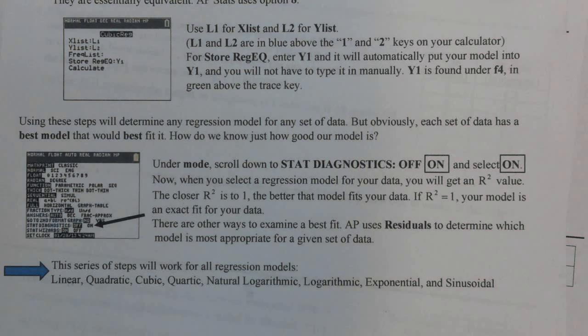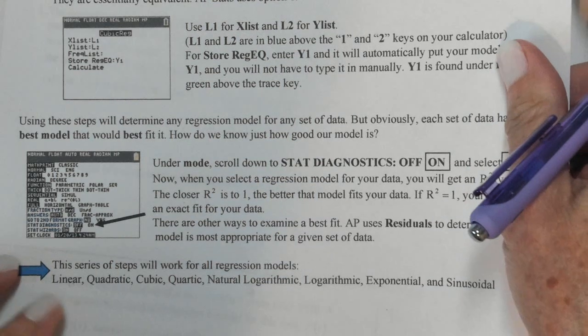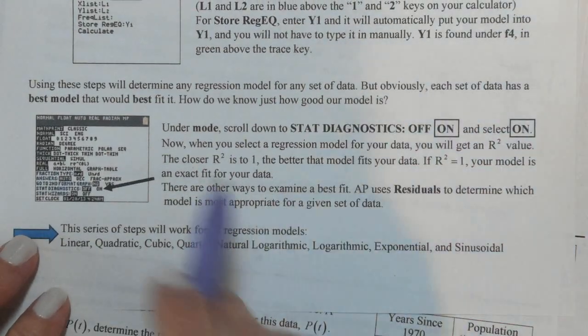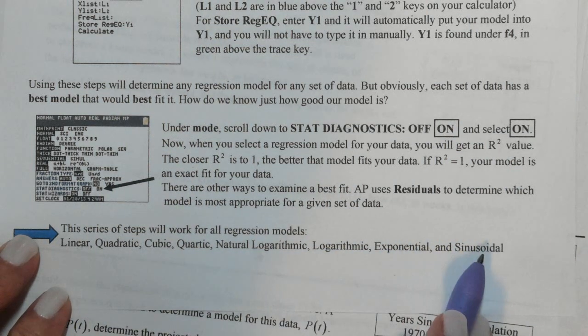That is going to assist in telling us how good our set of data is. So this series of steps is going to work for all of the different regression models that we're going to use.